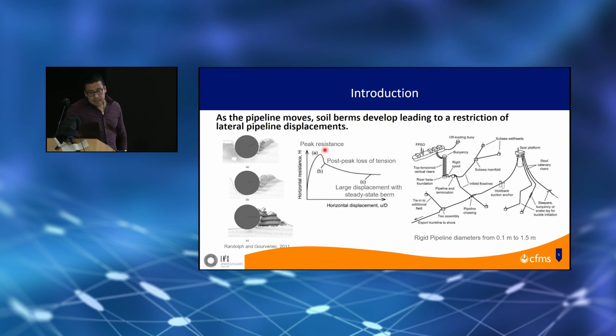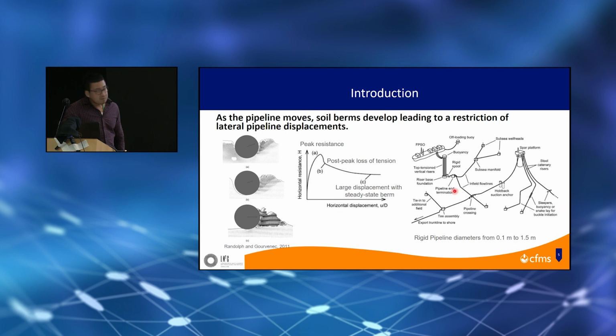Then, after reaching this resistance, there is some kind of degradation or post-peak loss of resistance, and we can see a two-sided mechanism developed in front of the pipeline. And as the lateral displacements are increased, a large displacement occurs with the formation of a berm in front of the pipeline. In this case, we can also see the development of a failure surface.